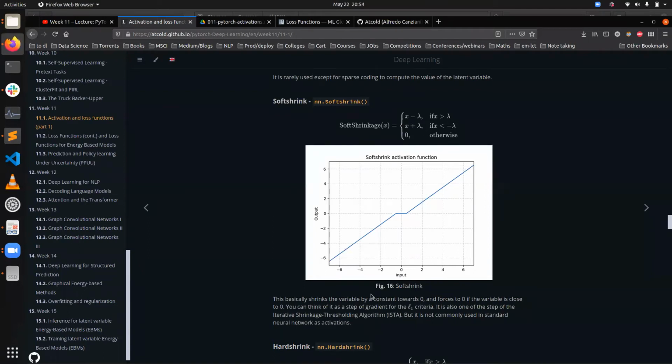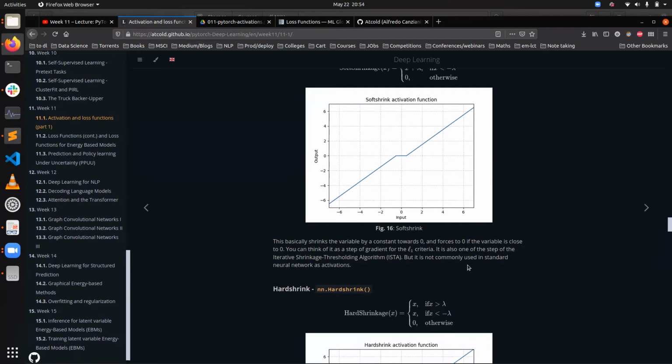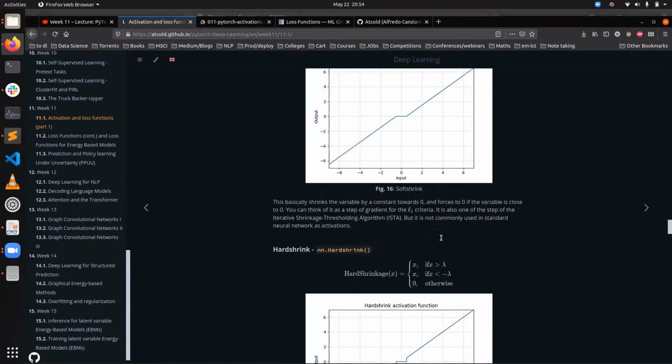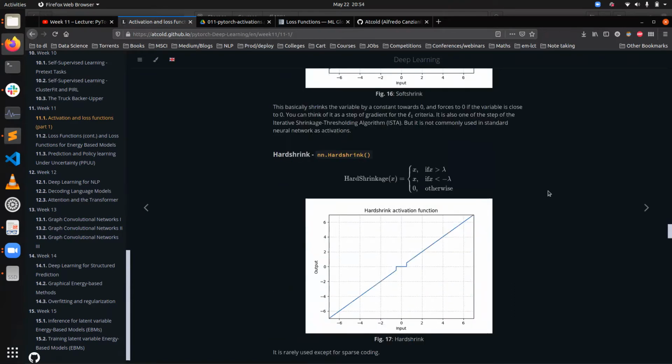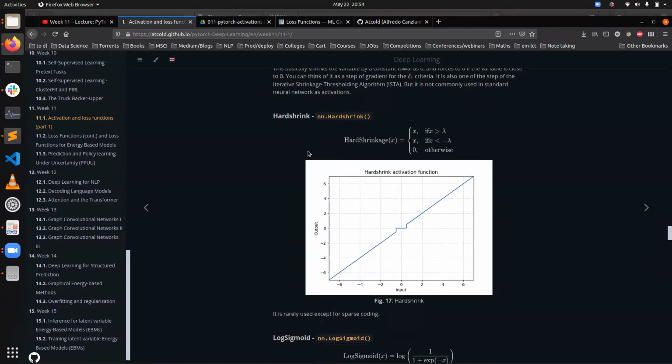So it constricts the value of the input signal and forces it towards 0. You can think of it as a step gradient for the L1 criteria. Again, it's not used in common neural networks as activations. Hard shrink is again the same. It's not used in neural networks. It's used in sparse coding for the latent variables.